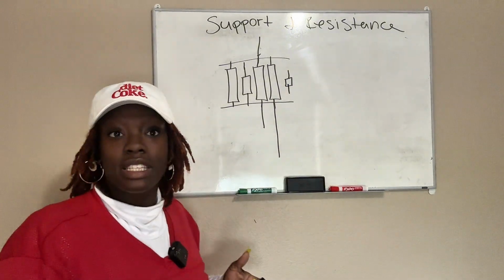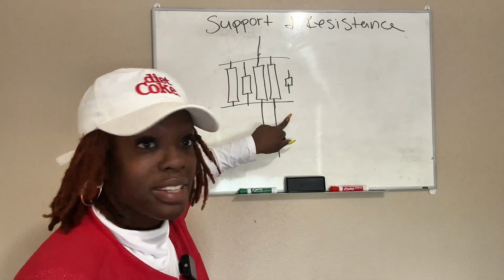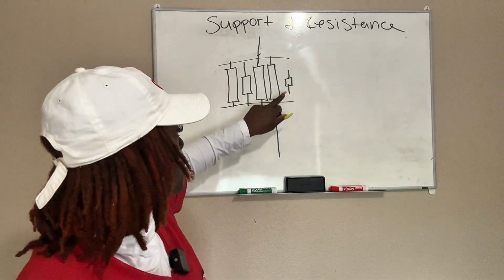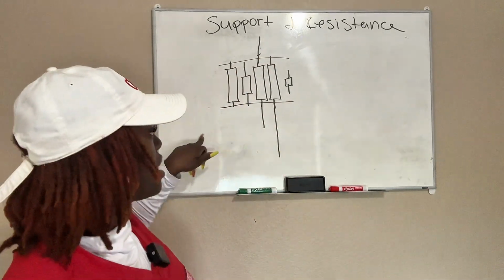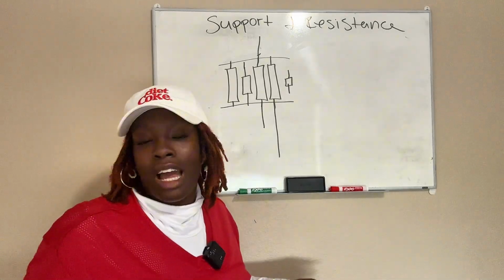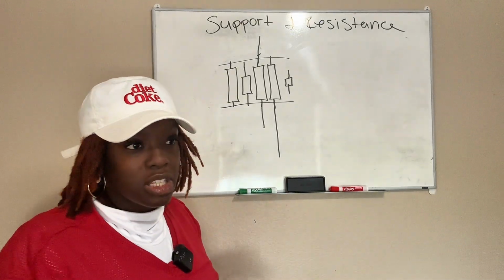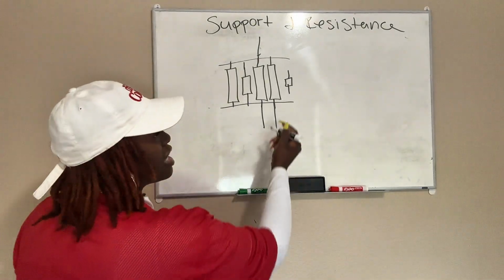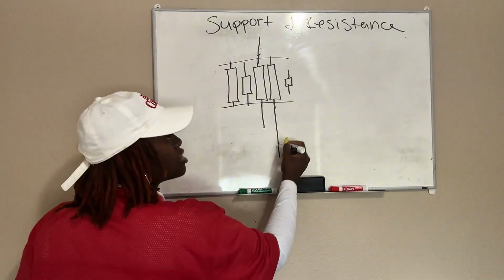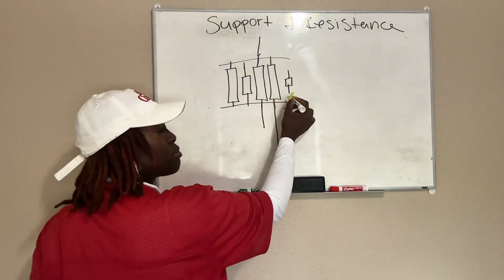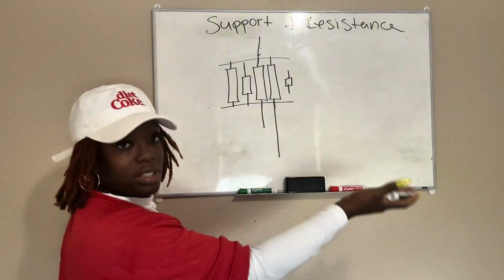Wicks can look like this, but if I don't get a body below or above these wicks, I'm not doing anything. It's not telling me anything. You're consolidating. Yes, you pulled all the way down here, but you still closed back here with the rest of the candles that closed there.